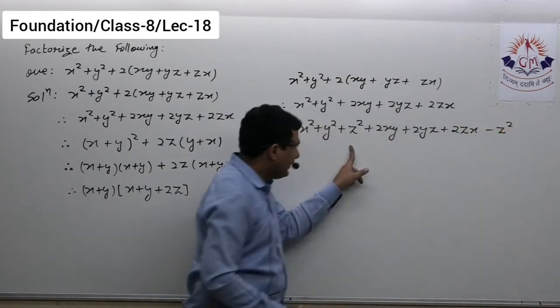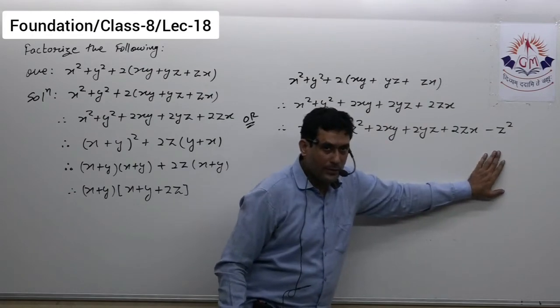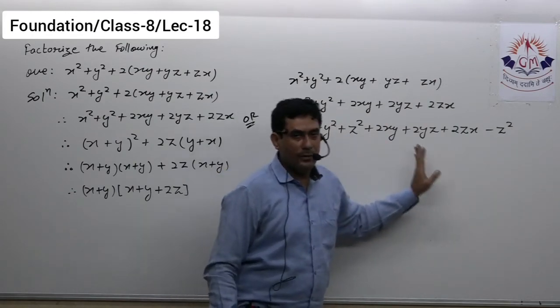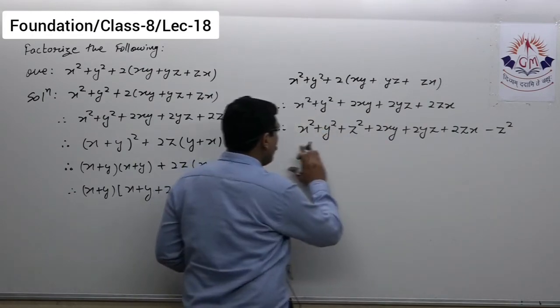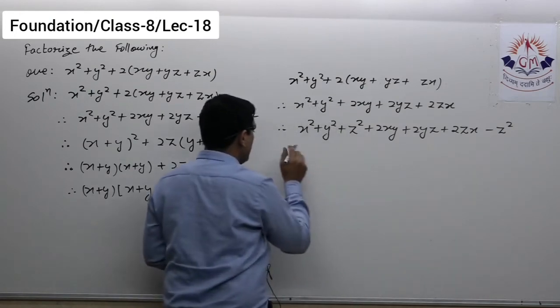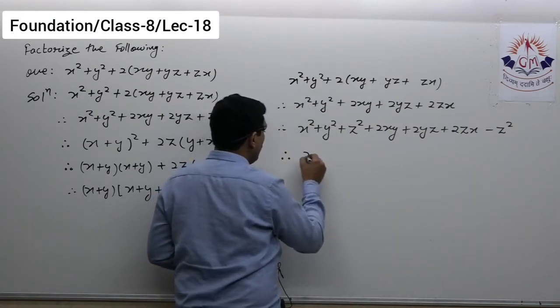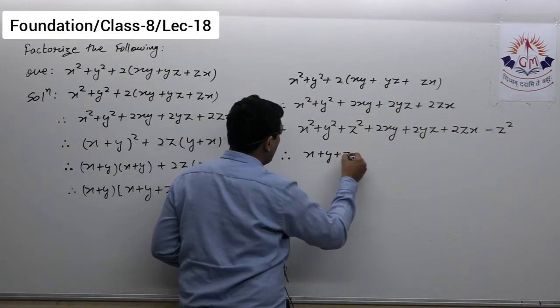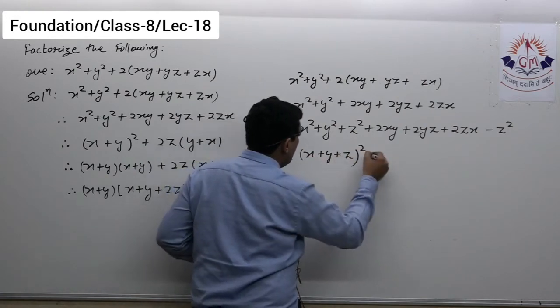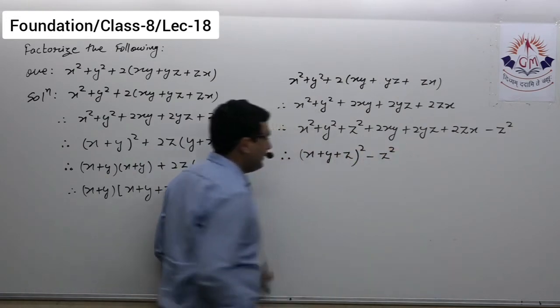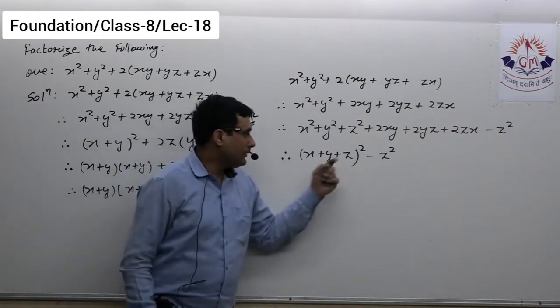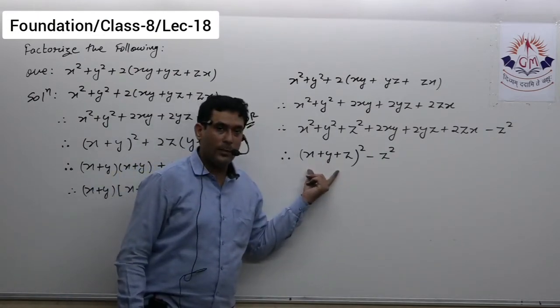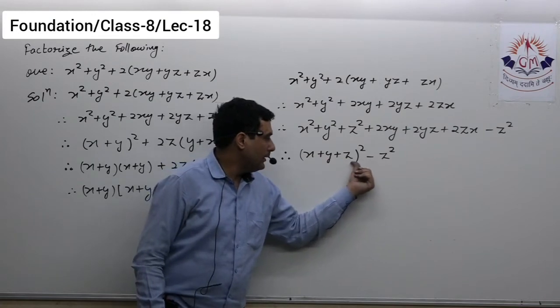Here I added z square, here I am subtracting z square, so that the question remains the same. Now these first six terms of this expression give you the identity of x plus y plus z whole square, and here it is minus z square, isn't it?